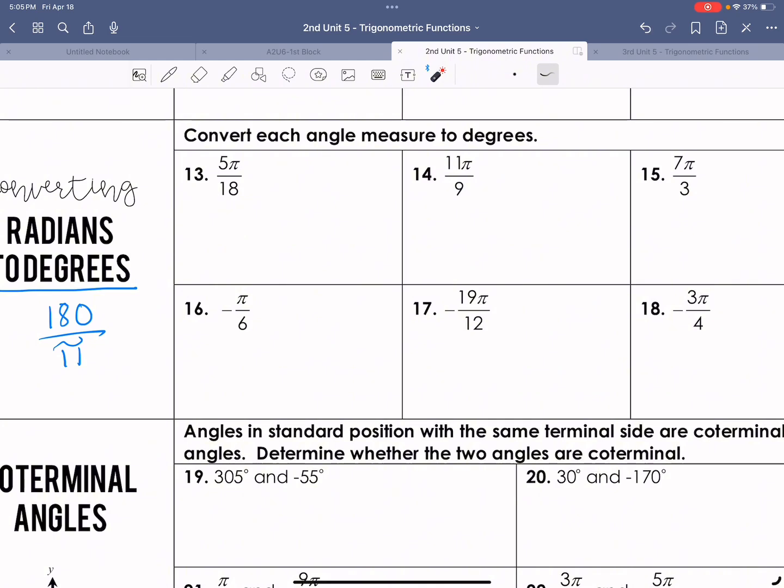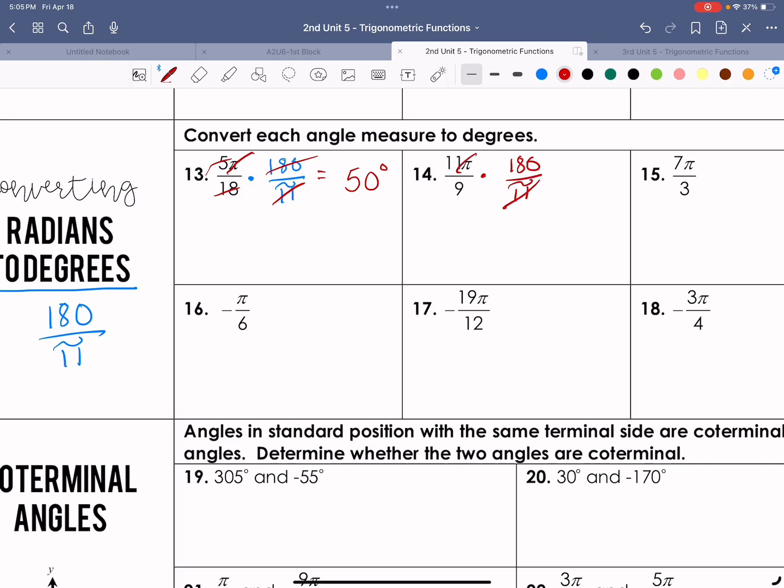Okay, so we are going to multiply 5 pi over 18 times 180 over pi. Now this time your pi's cancel out, and then the rest of your numbers reduce down, so that will give you an even 50 degrees, okay? All right, we come over here and we are going to multiply this by 180 over pi.